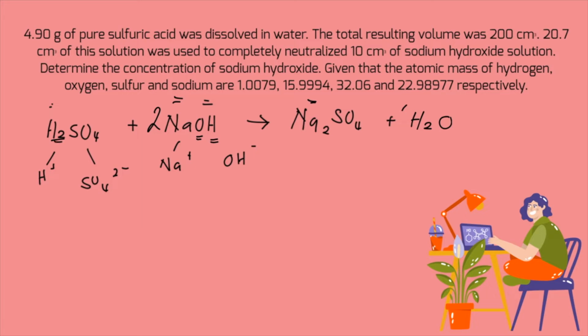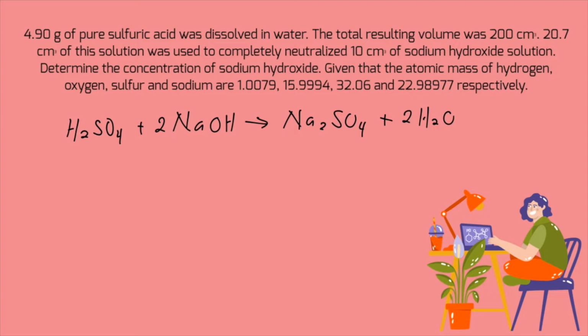So here you need to times 2 as well. So when you look at this equation, you can see that for every mole of H2SO4, you need 2 moles of NaOH. So we can write 1 mole of H2SO4 shall need 2 moles of NaOH.